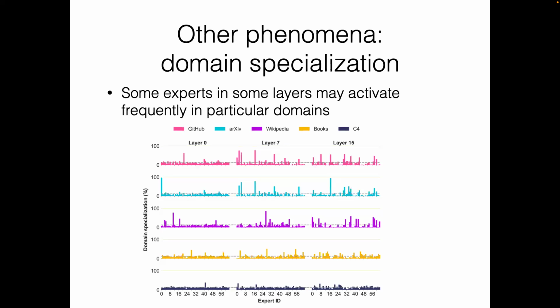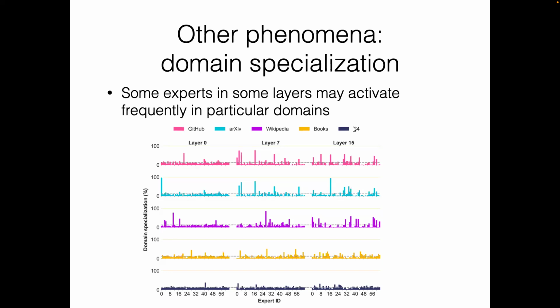But again, there's a lot of layers in the network, so it's maybe a bit hard to draw any really general conclusions. But here's an example from the AI2 paper. What they did is look at different domains: GitHub, Archive, Wikipedia books, and just the general pre-training corpus.